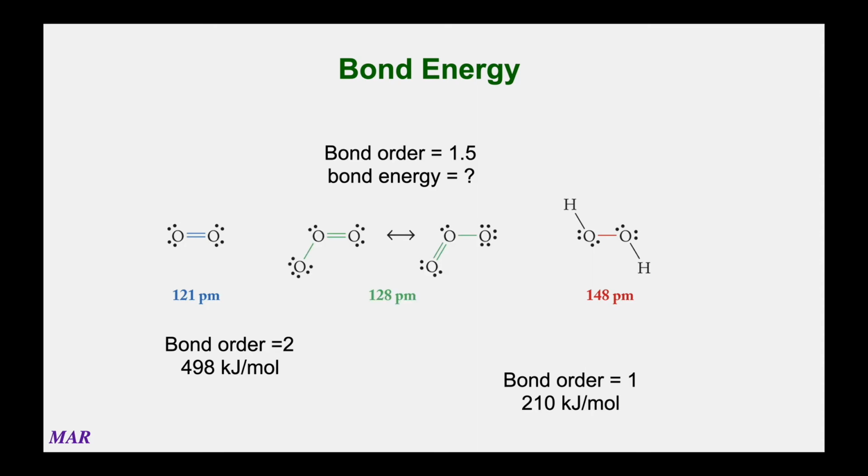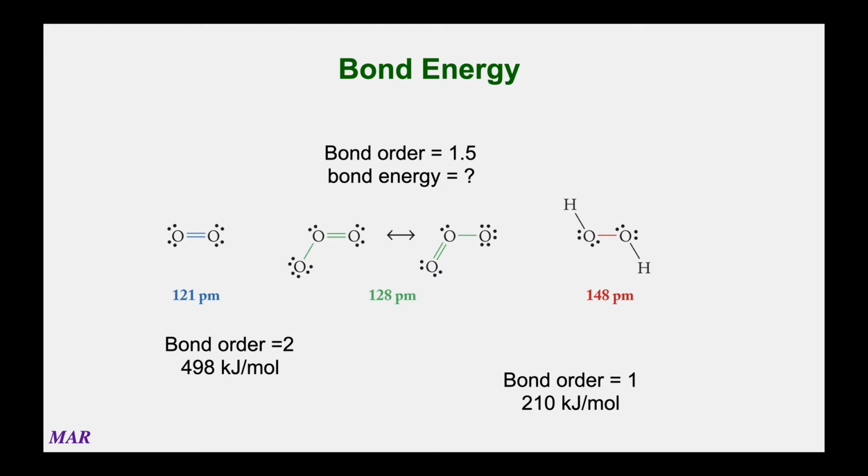Ozone is O3, and ozone is a resonating structure. It goes double on one side and single on the other, then double on the other side and single on the first. Notice how the bond length is between the double and the single bond lengths. That makes sense because the bond order for ozone would be the 3 bonds divided by the 2 places it can go, bond order 1.5.